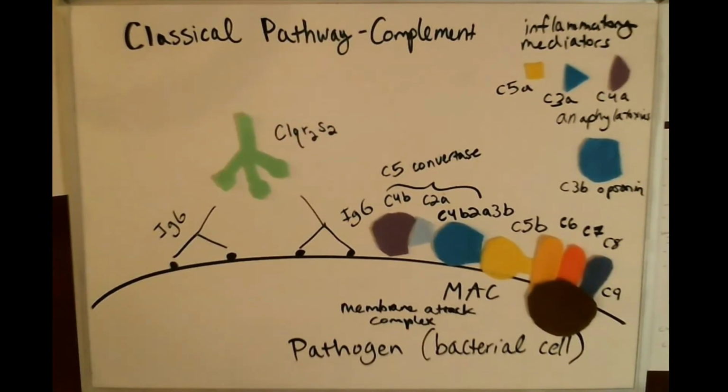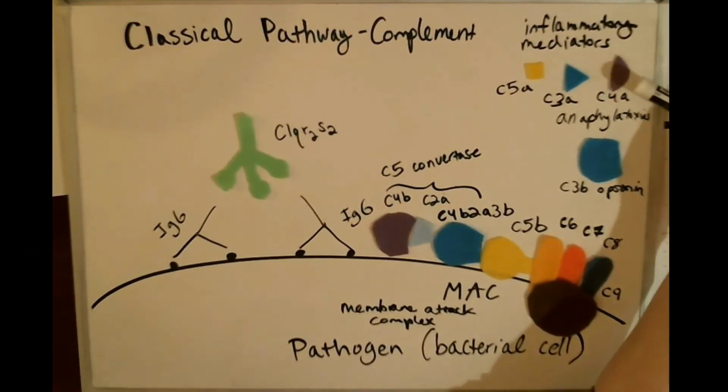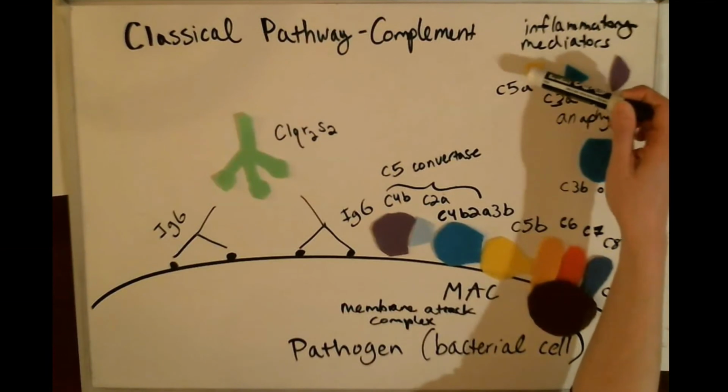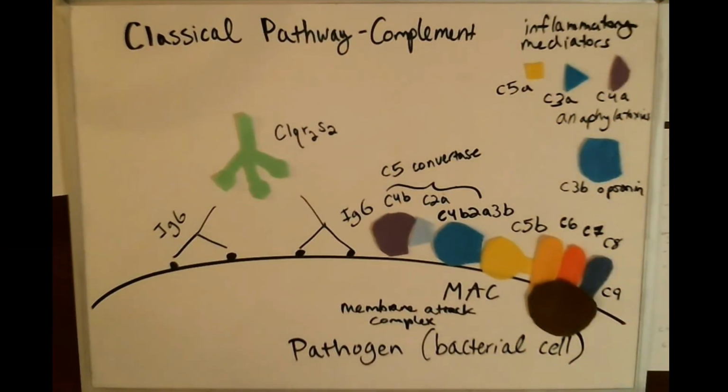So the classical complement pathway is a very efficient way to lyse the membranes of pathogens, but also to boost the inflammatory response. Because you can see, just in this pathway, we produce 3 different inflammatory mediators, which can help increase blood vessel diameter and result in recruitment of more immune cells to the site of the infection.